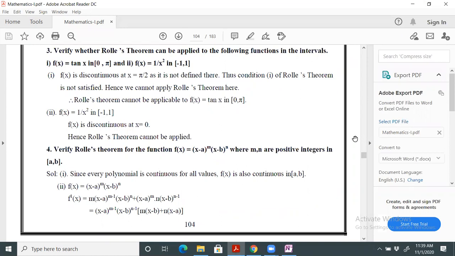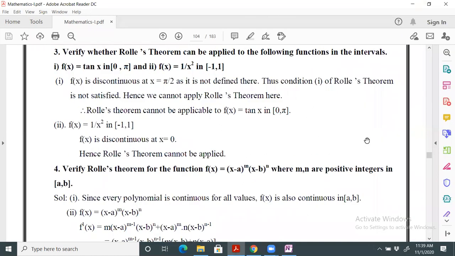They're asking to verify Rolle's theorem for the following functions. The first function is the tan x function. As I mentioned, the tan x function is not continuous everywhere. It is discontinuous at some points. So the graph of tan x will be like this.